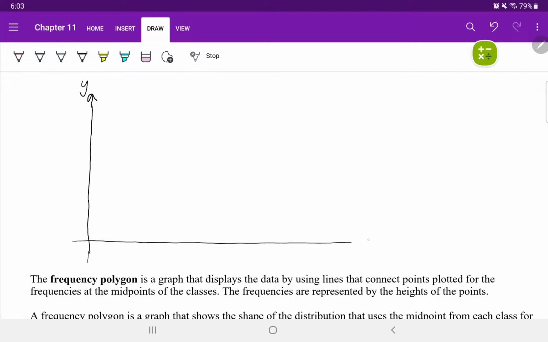The x is my classes, in this case the boundaries. The initial boundary is 20.5, so I'm going to put 20.5 right here, and the highest is 44.5. And we want to have 6 classes: one, two, three, four, five, 6.